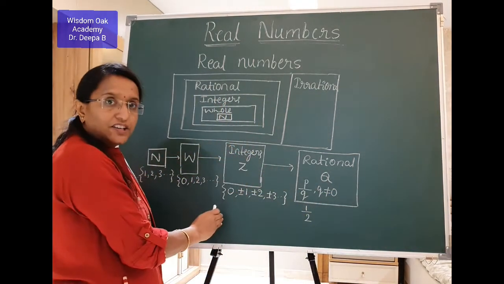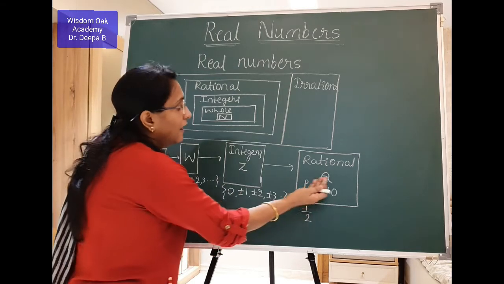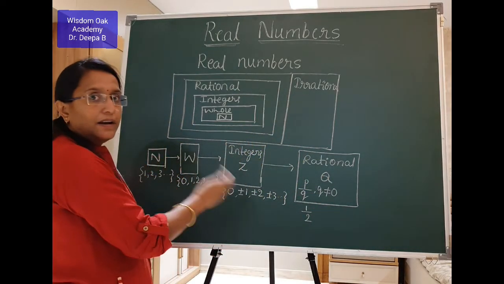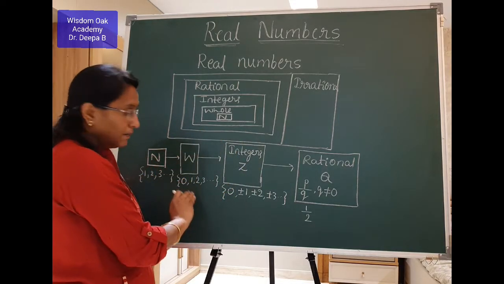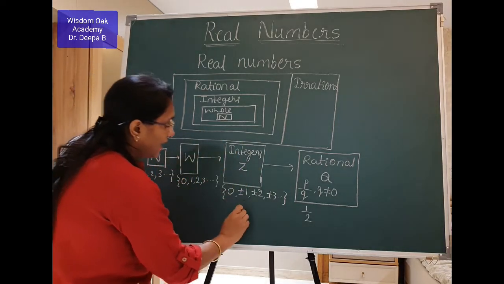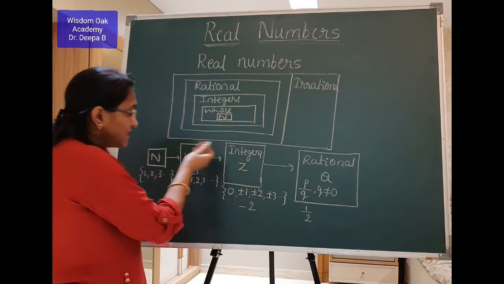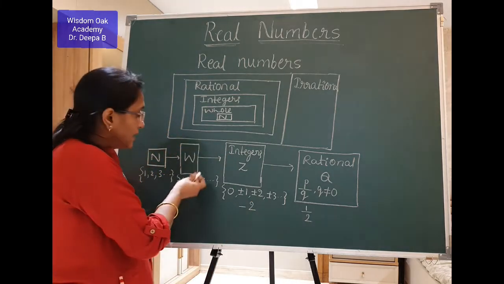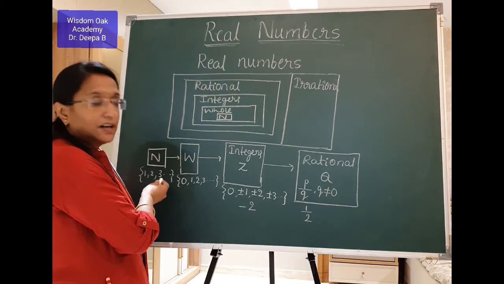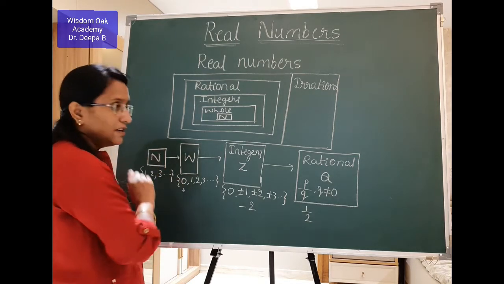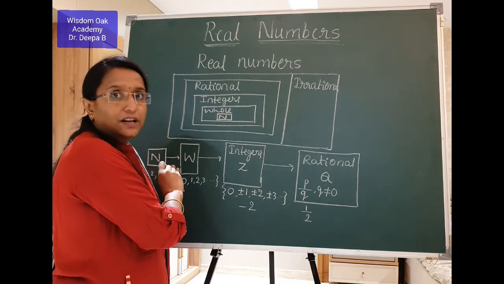Is it an integer? No. So every rational number is not integer. Tell me whether every integer is whole number. See here. Suppose I take -2 here. Is it a whole number? No. Similarly, every whole number is not a natural number. Because if you take 0, it is not a natural number.